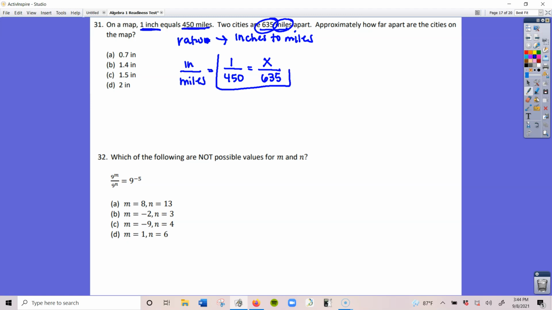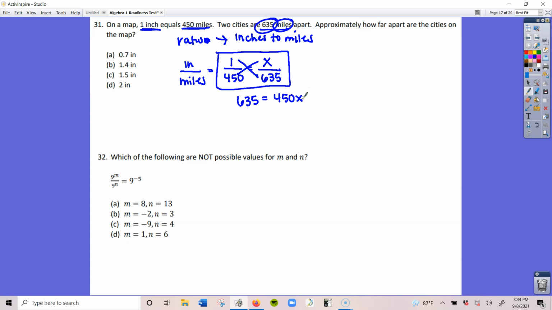So this is an equation that I need to solve. If you have one fraction equal to another fraction, what we do is we cross multiply. 1 times 635 is 635. And that's going to equal 450 times x, which is 450x.